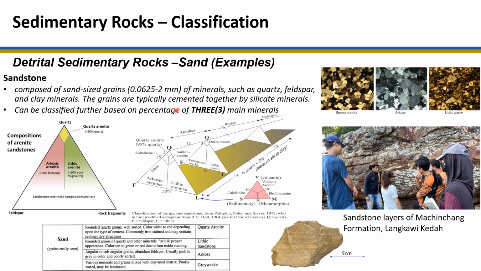The grains are typically cemented together by minerals such as quartz, calcite, or iron oxide. Sandstone can be classified further based on the percentage of three main components: quartz, feldspar, and rock fragments or matrix. Quartz arenite sandstones are made up of at least 65% quartz. They are the most common type of sandstone and are typically white, grey, or brown in color.